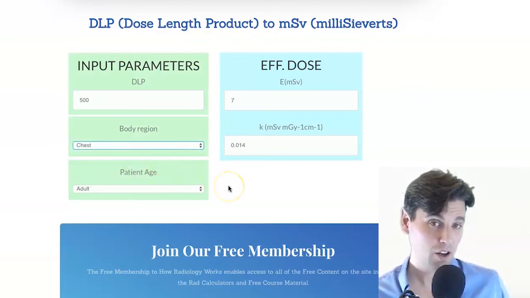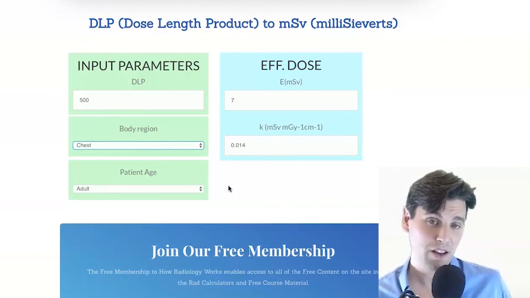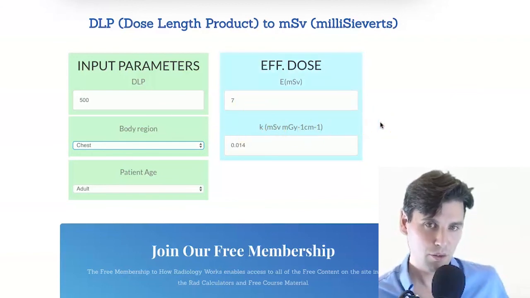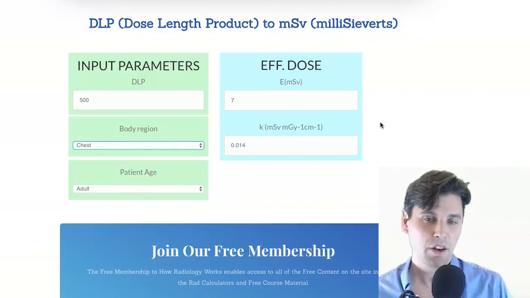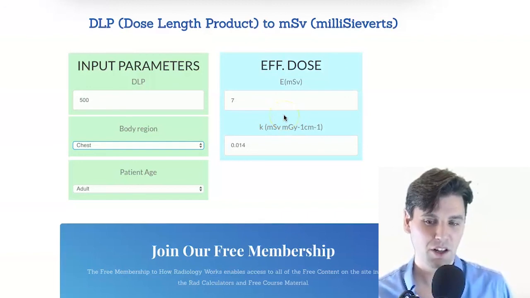And if we're looking at an adult, then we're talking about an effective dose of 7 millisieverts. Again, this is a little bit higher than in the head because of the biological weighting factors associated with the different body parts. So, again, if we compare that to background radiation, now we're talking about a little more than 2 years of effectively background radiation.